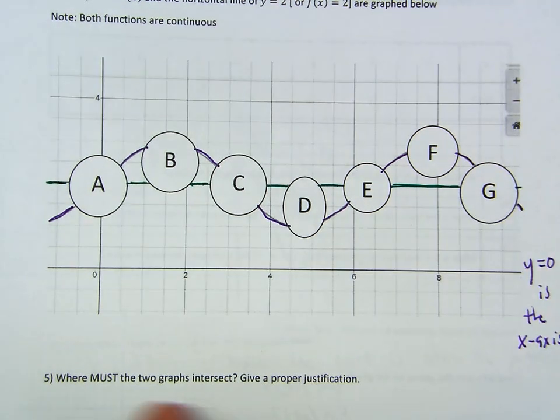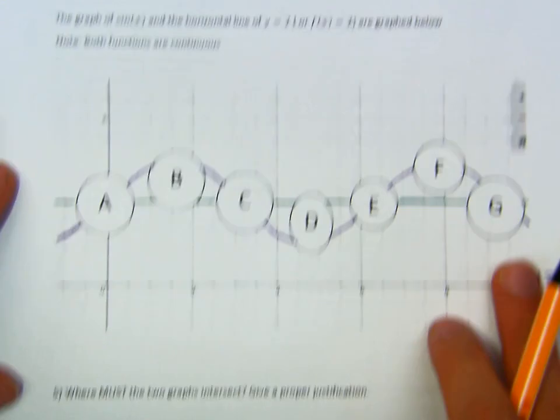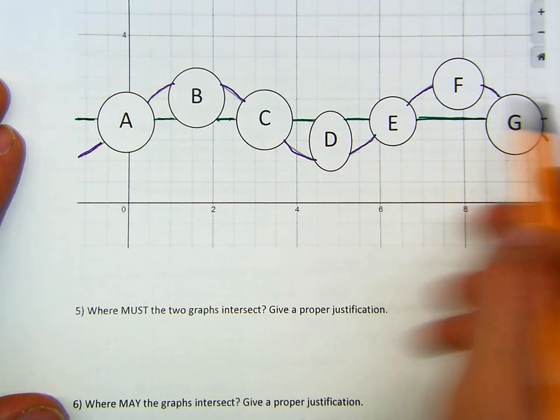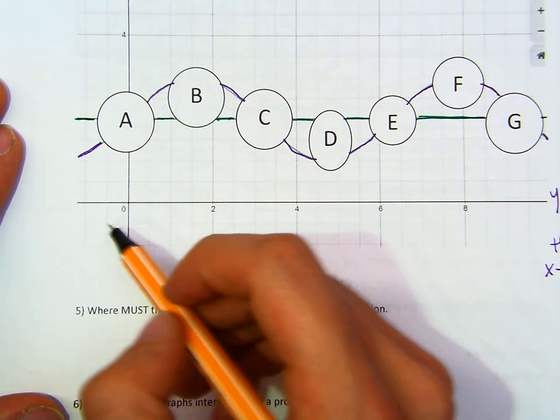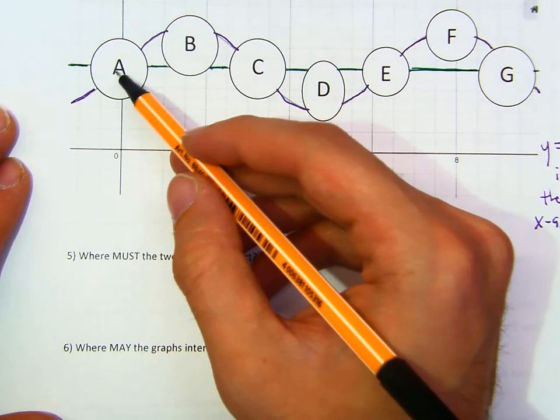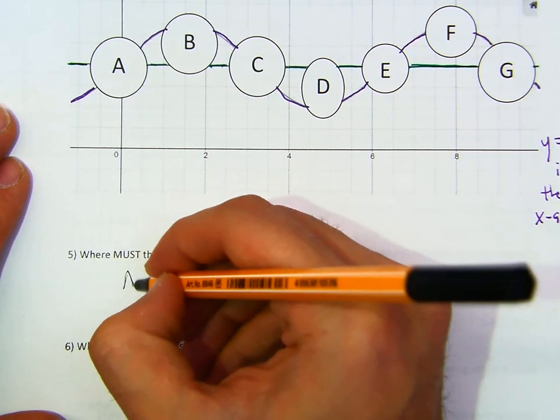So where must the graphs intersect? Notice that both functions are continuous, so there's no break in between. This is just a straight line, and this is a line that's like this. So over here, the graphs must intersect at A.